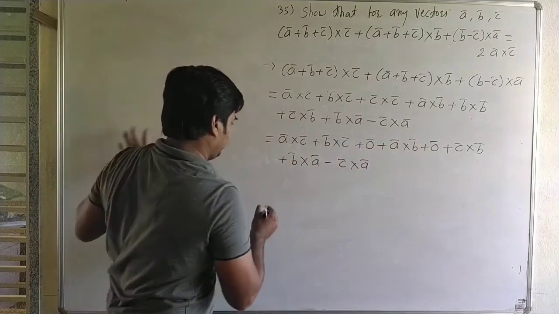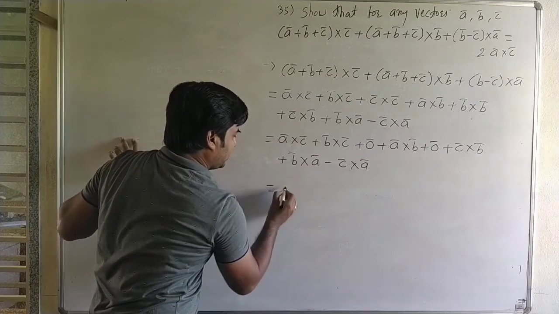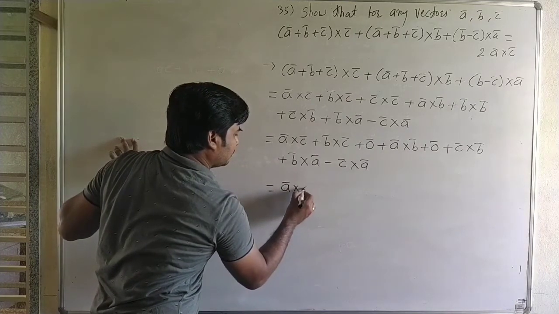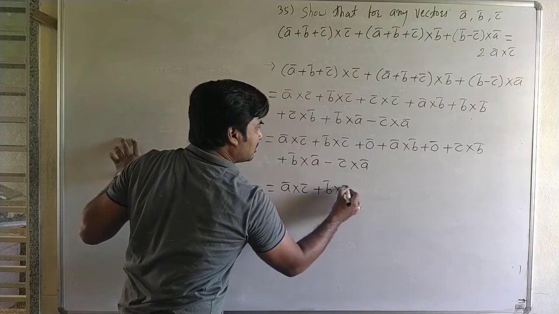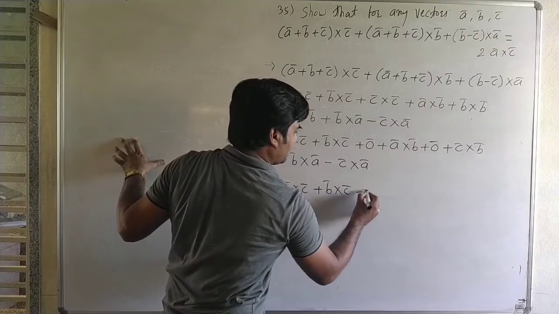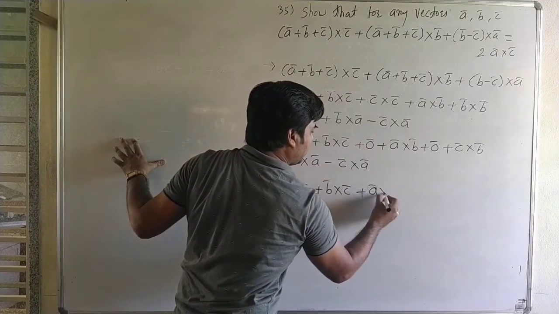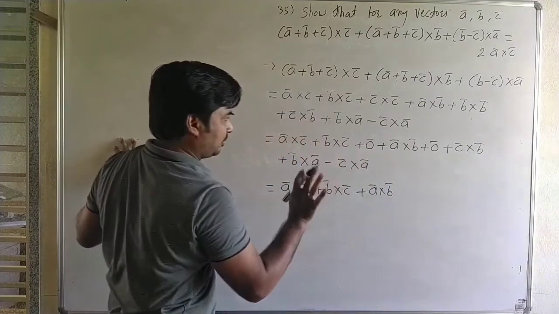Okay. Now here, see carefully. It is A bar cross C bar plus B bar cross C bar plus A bar cross B bar. Now see carefully.